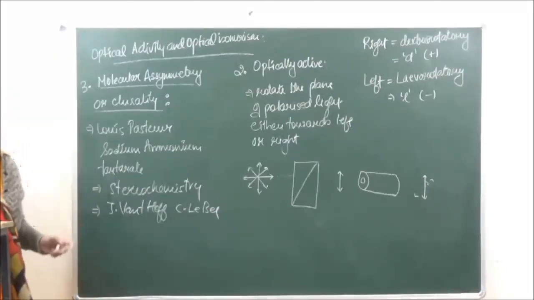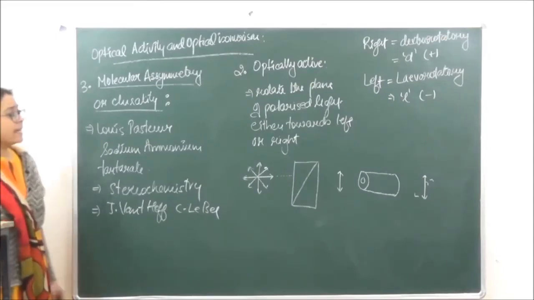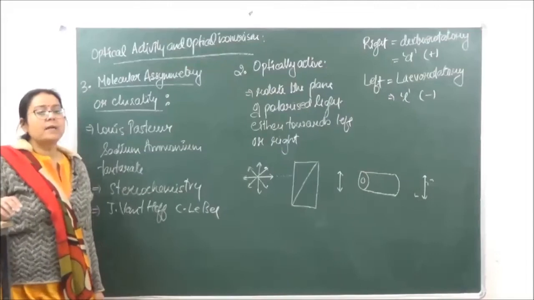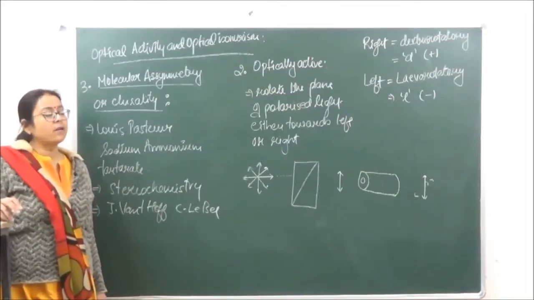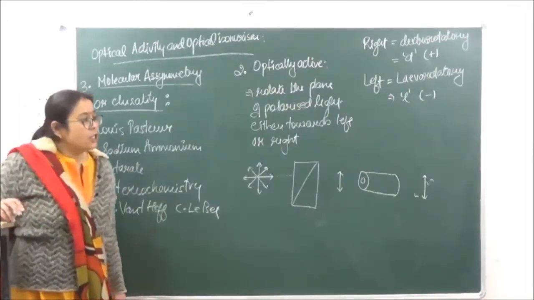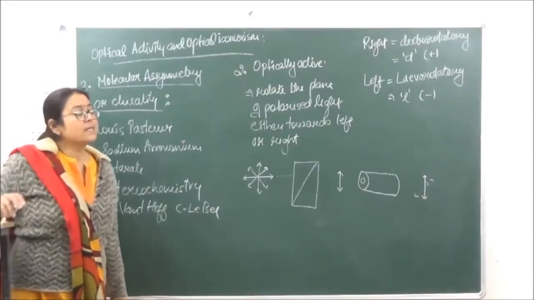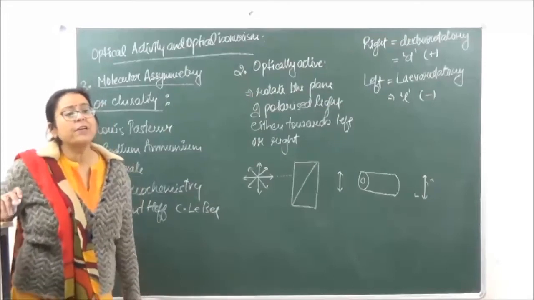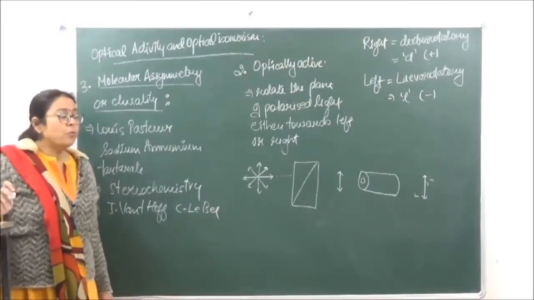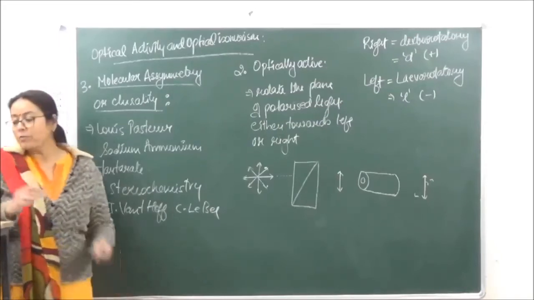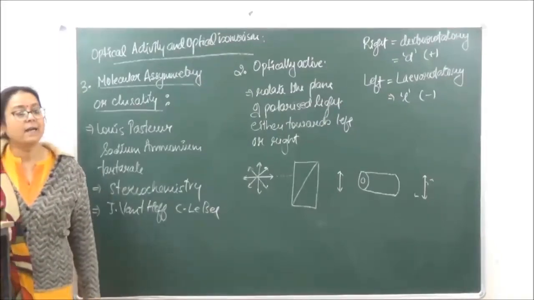They were independently working on these things, and they said that carbon has 4 different valencies, and we also know that all the 4 atoms are tetrahedrally attached. According to these two scientists, any carbon that is attached to 4 different atoms or groups of atoms was said to be asymmetric, or was known as a chiral carbon atom.